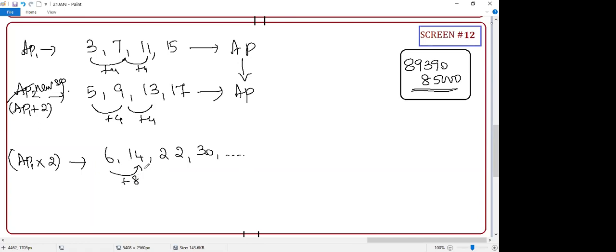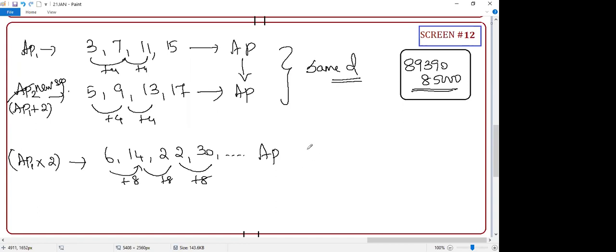Plus 8. So what is your conclusion? When you multiply a common number with an AP, the resultant is also AP. But please remember that when you are adding or subtracting, the common difference remains the same. Are you seeing that? This also plus 4, this also plus 4, same D.